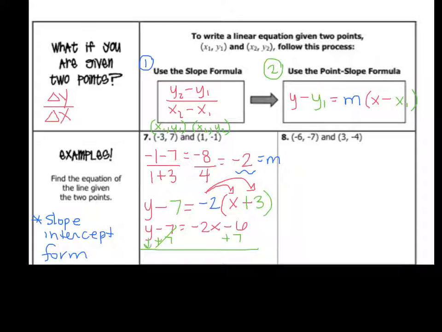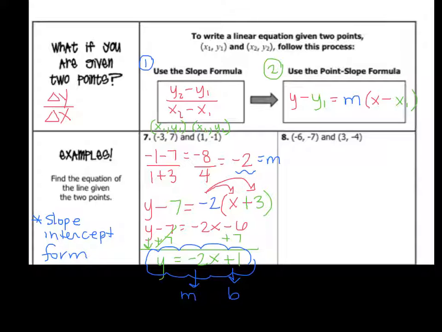It cancels on this side, and y is equal to negative 2x, and then negative 6 plus 7 is positive 1. Now I have my equation in slope-intercept form. I can identify my slope, m, which is negative 2, and b, which is known as your y-intercept. In this case, it is positive 1.